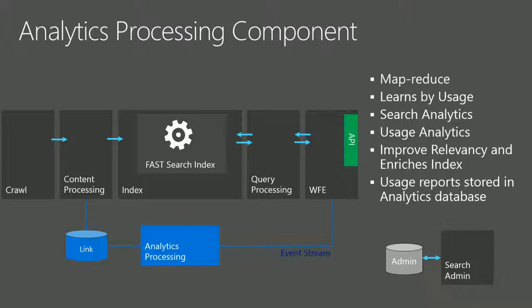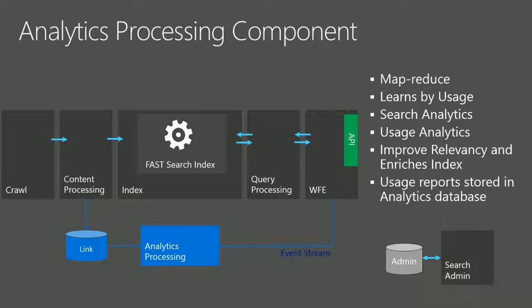One thing about this component, the way it gets those updates into the index, so you can see it's pushing those aggregated statistics back up through the content processing component, and we can actually update the record or the document in the index using what we call update groups. We also use that for security updates so that we get those updates much faster and don't have to reindex the full document when we have those sorts of updates.